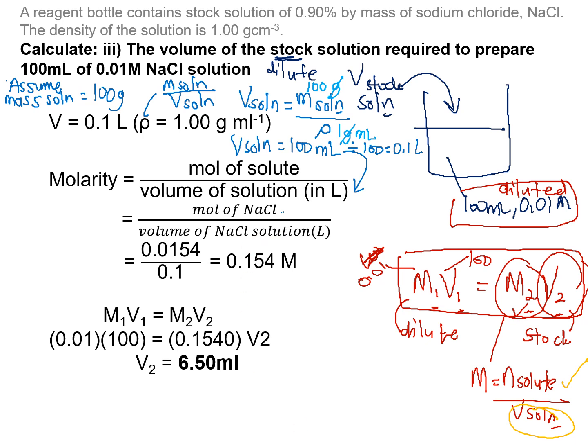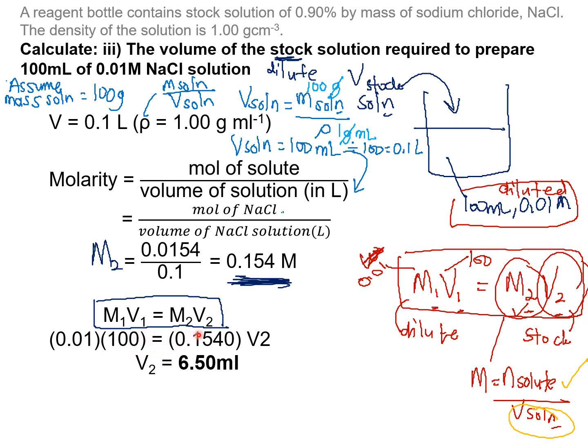So this is M2. Okay, the molarity of the stock solution, which is 0.154 molar. So now we use this equation, M1V1 is equal to M2V2, so that we can get the volume of stock solution needed. So now just put in the molarity of diluted that you know from the question, which is 0.01. The volume does not need to be converted, just take 100 ml.